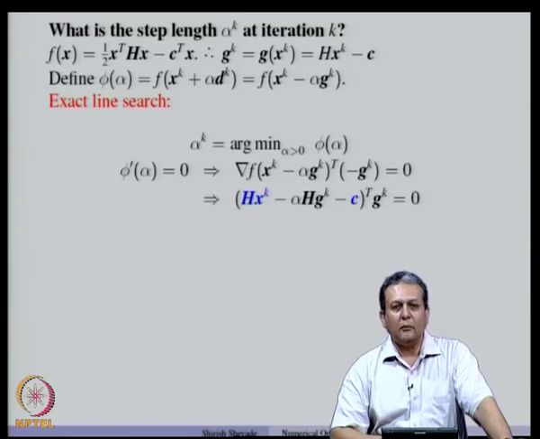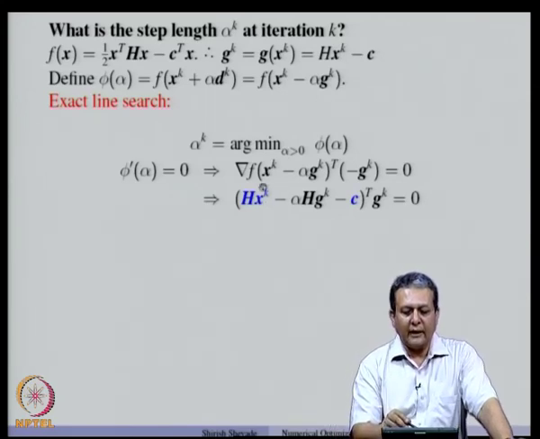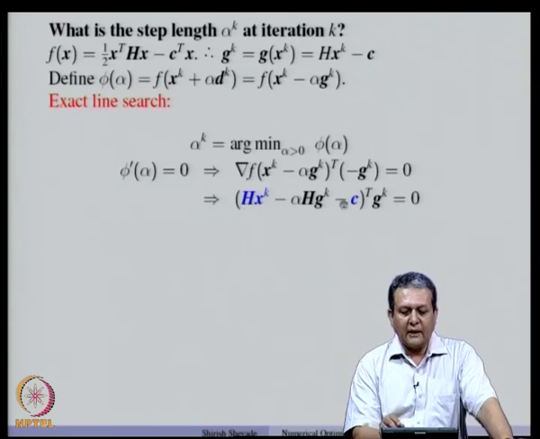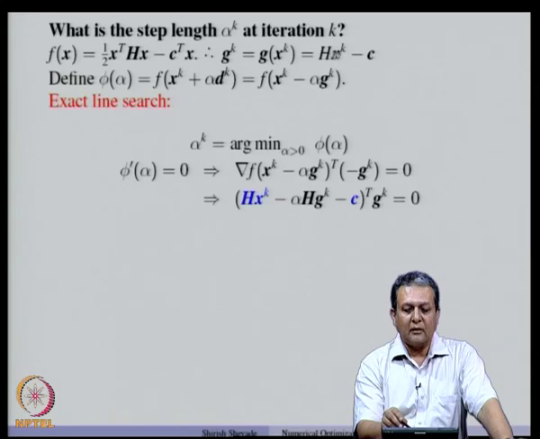Remember that the gradient at xk is H xk minus c, so we can use the same formula here with xk replaced by xk minus alpha gk. Now, if we combine H xk minus c, that is nothing but the gradient at xk, which we can write as gk.